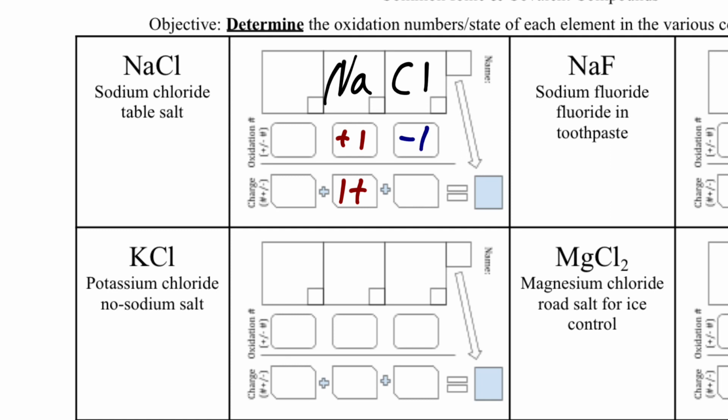So therefore that is going to be -1. And because there is no subscript there, 1 times 1 is going to be also 1-. And this is just so that you can check your math to make sure that it is a neutral compound, which it should be because there's no charge on top.